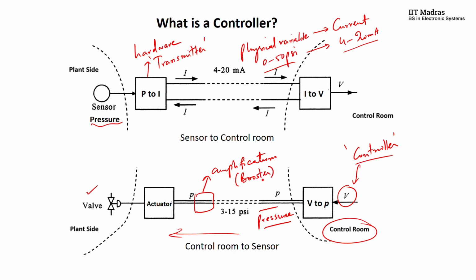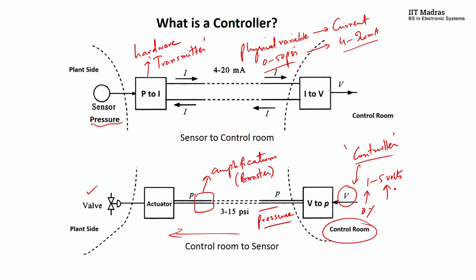Now the controller output, as we have seen before, is given in terms of a voltage, and the standard voltage range is 1 to 5 volts. So 1 volt means the control output is considered as 0, meaning 0%.